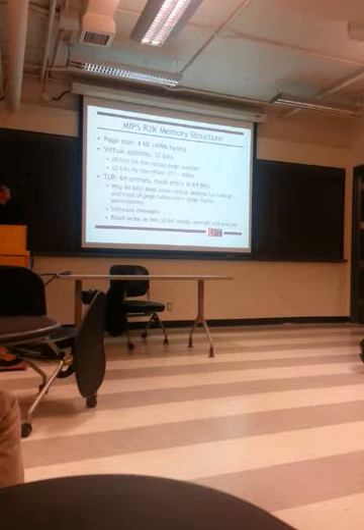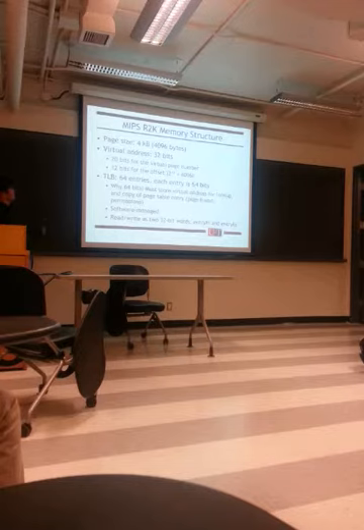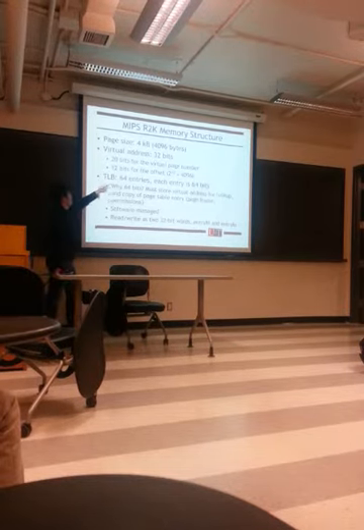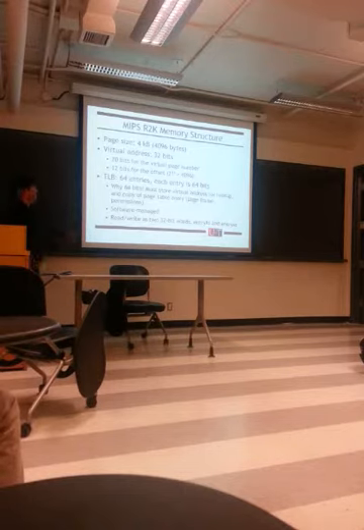This is just the description of the memory structure. Like page size is 4 kilobytes, and 64 entries TLB. 12 bits because page size is 4 kilobytes, so you need to have 12 bits offset.